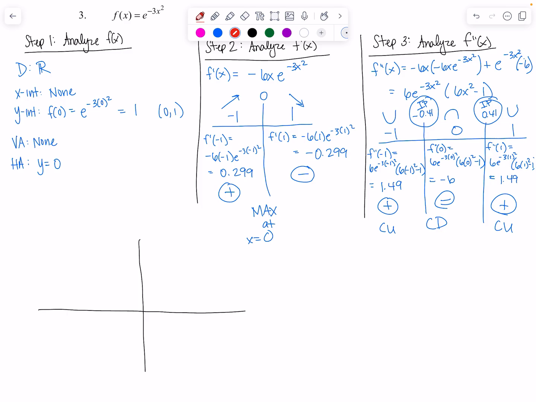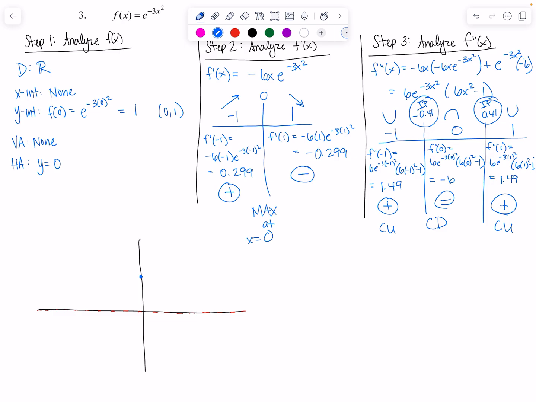Horizontal asymptote, y equals 0. Zero, 1 is our y-intercept. Maybe I'll move that up.